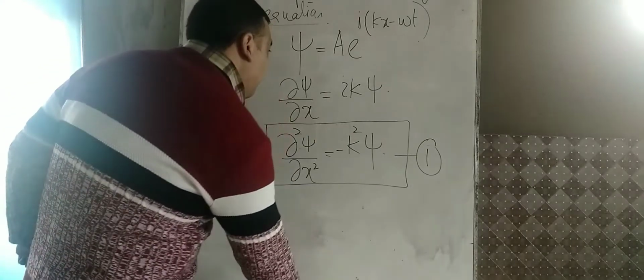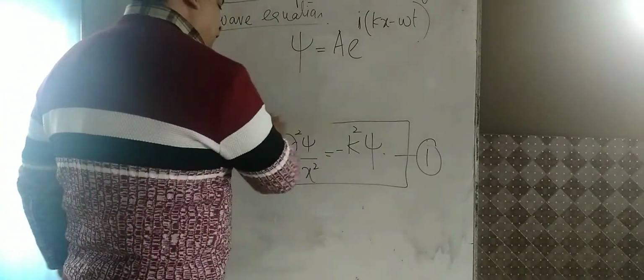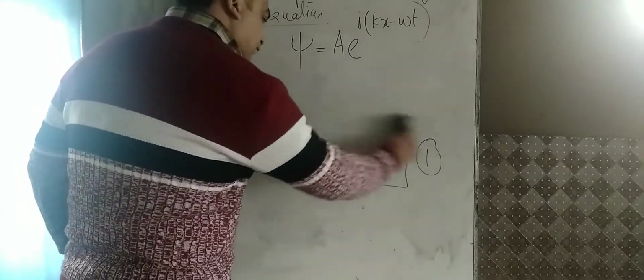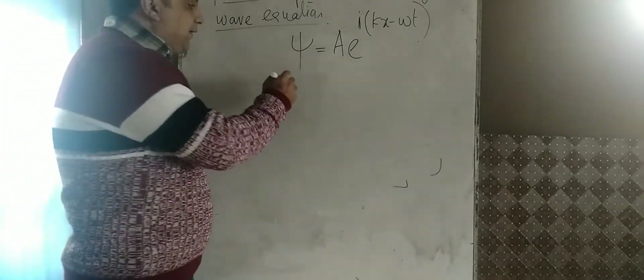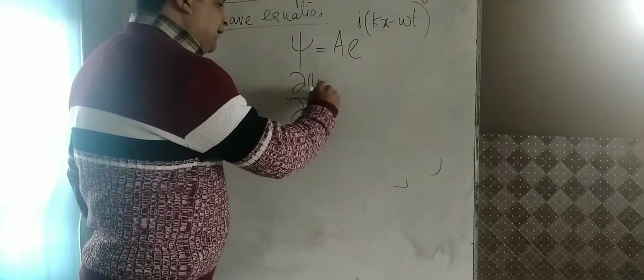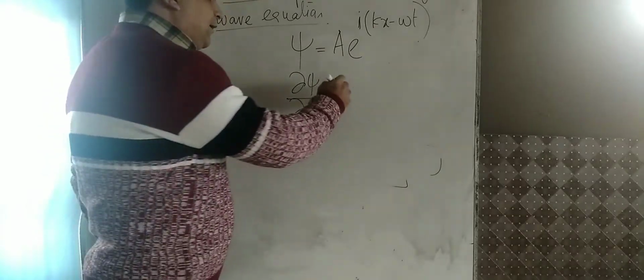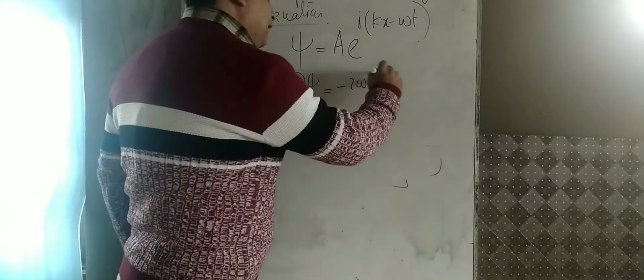Now let's take the time derivative of this wave function. The time derivative, del psi upon del t, will be minus i omega psi.